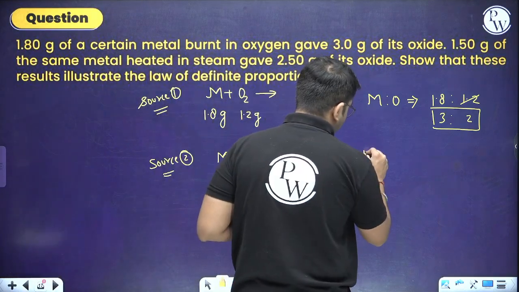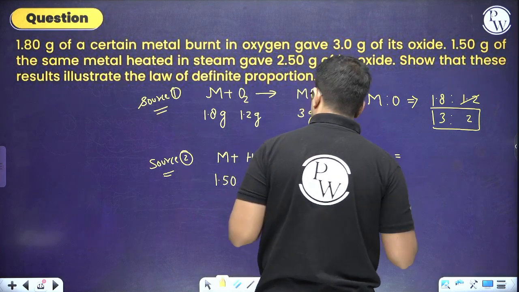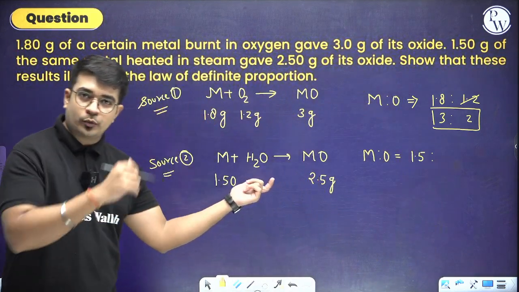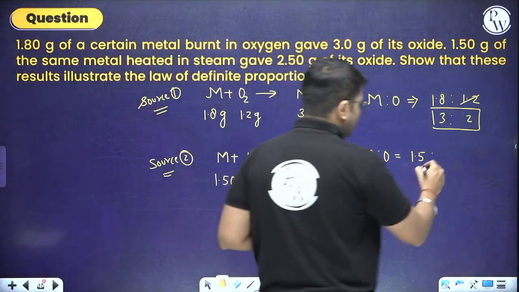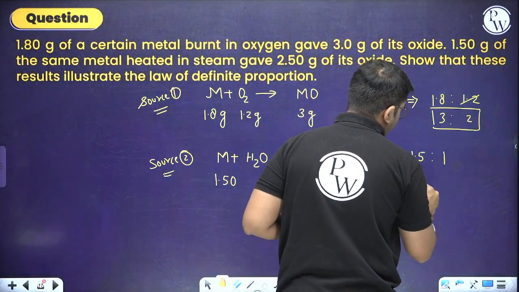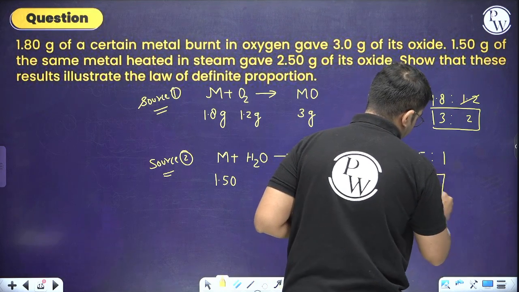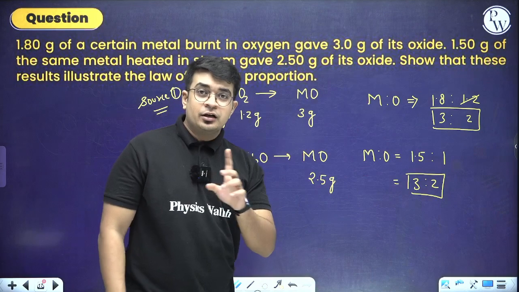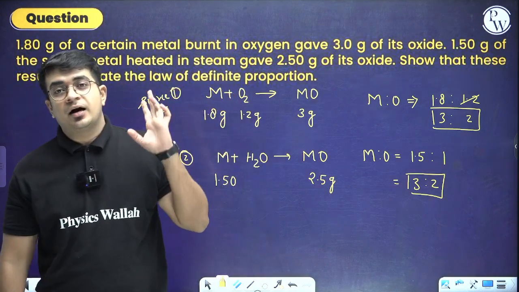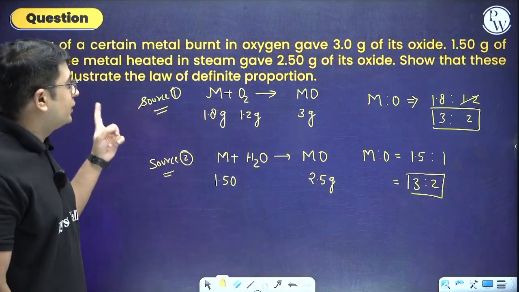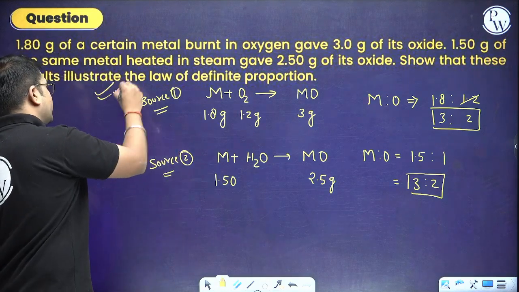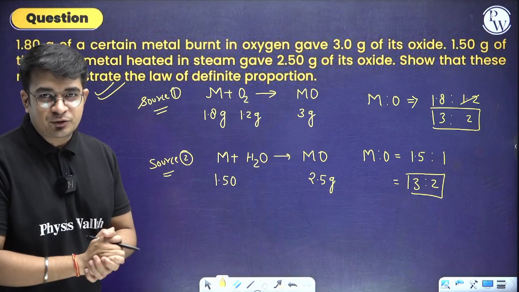So again the ratio of M to O will be 1.5 gram to 1 gram, so you can say this ratio will be 3 to 2 again. So you can see whatever the source of the compound may be, their elements are always combining in a fixed ratio of their mass. That shows we are talking about the law of definite proportion. I hope this question is clear to everyone.